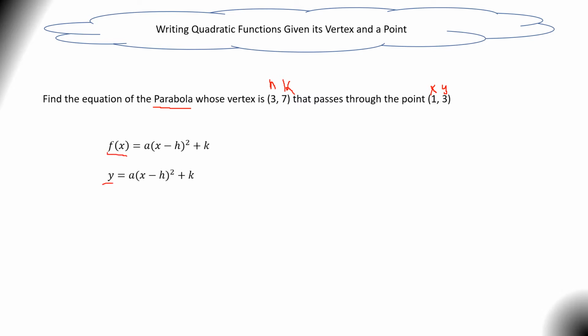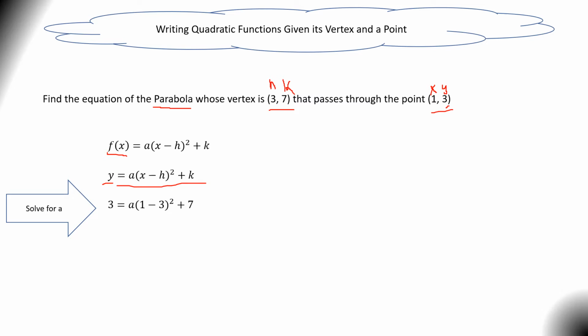Then by substituting the value of h, k, and x, y, substitute lang po natin yung mga value ng h, k at ng x, y dito sa equations na to.